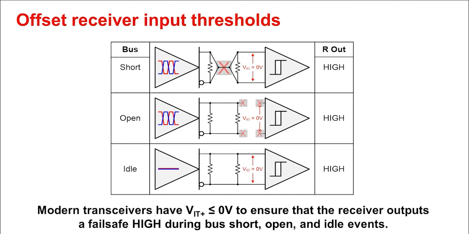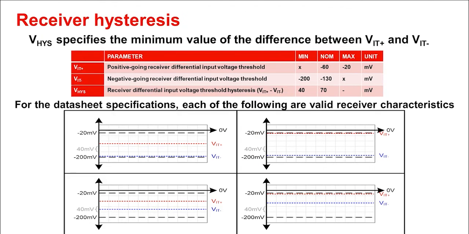During bus idle events, there is no driver actively establishing a potential on either bus wire. Since there is no current flowing in this case, the differential voltage across the termination resistor or resistors is 0 volts, creating a differential input voltage VID of 0 volts and a high receiver output.